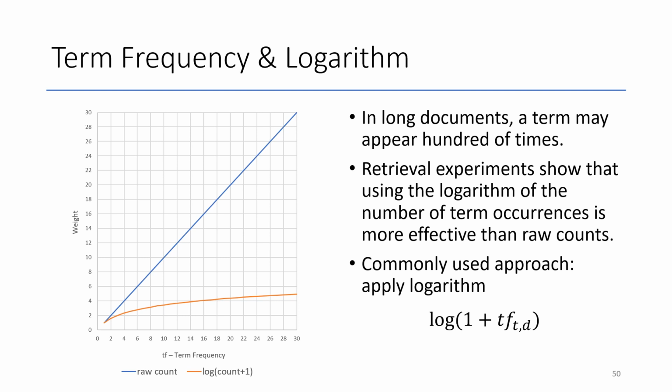And you can see that in long documents where terms appear more often, potentially hundreds of times, the log-based term frequency dampens this effect quite a bit. And retrieval experiments show that using this logarithm is more effective than just the raw counts. And a commonly used approach that we use here is to add 1 to the term frequency and then apply the logarithm.